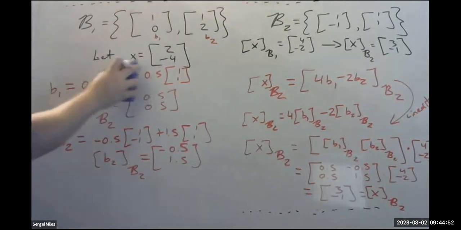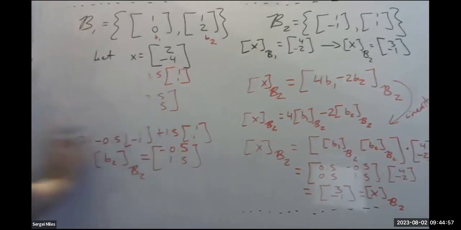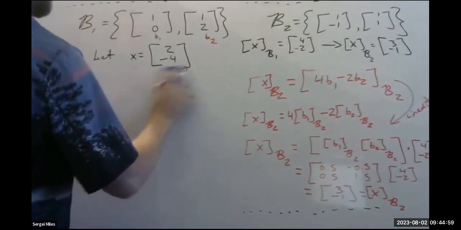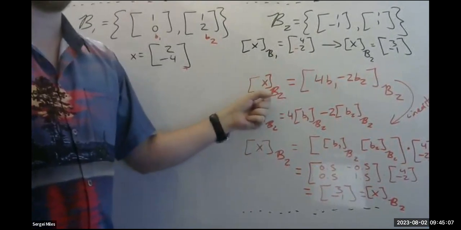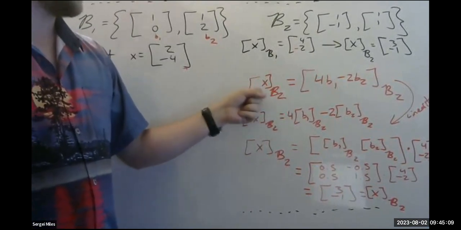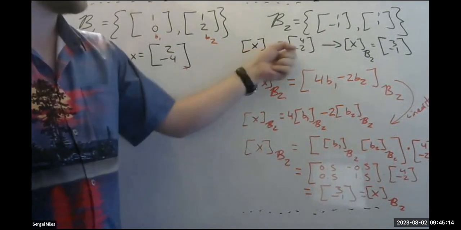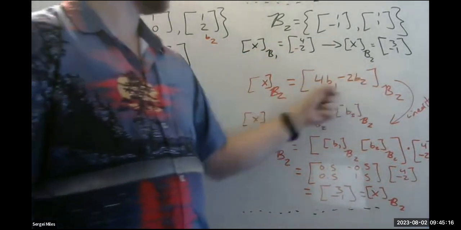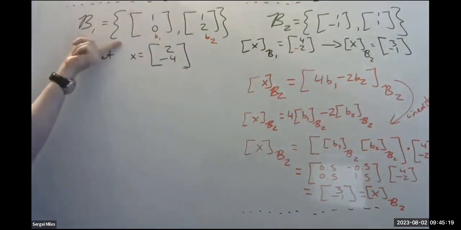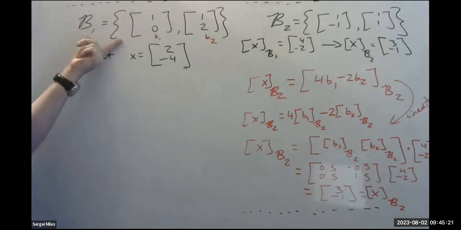So let me erase some of this so we can highlight what we did. What we have shown is that if we're trying to find x in terms of another basis, well, first of all, that x, if we already know what it is in terms of a different basis, that x is a combination of the other basis, the first basis. But if I'm trying to rewrite that in terms of a new basis, I can apply linearity.